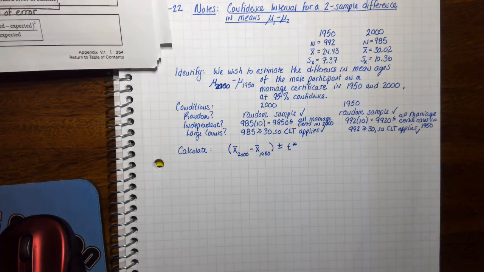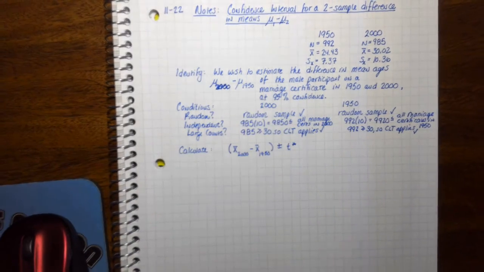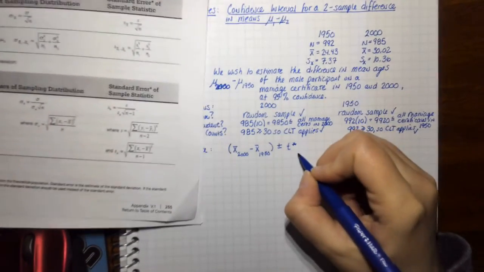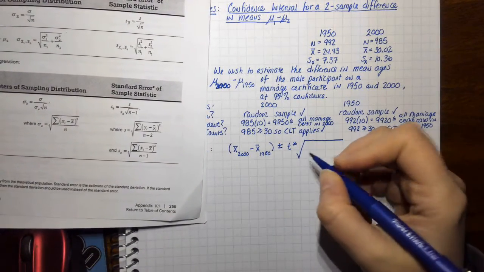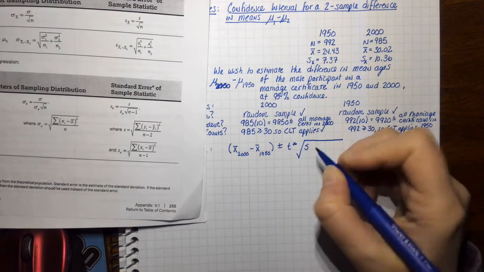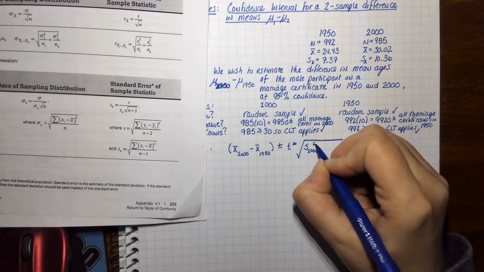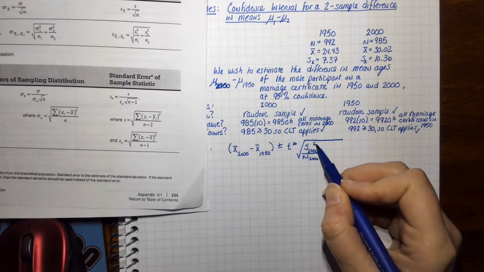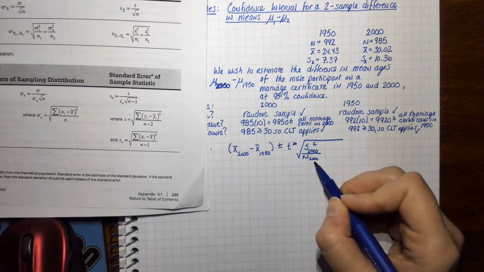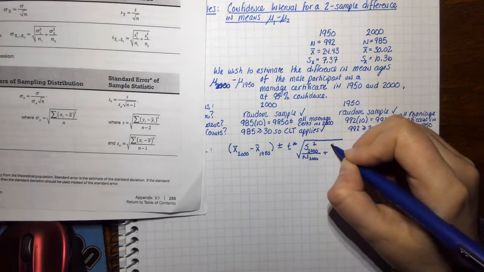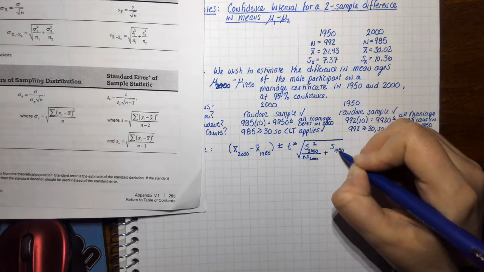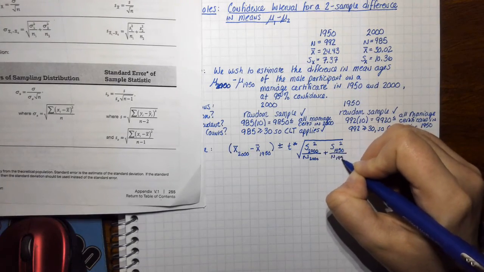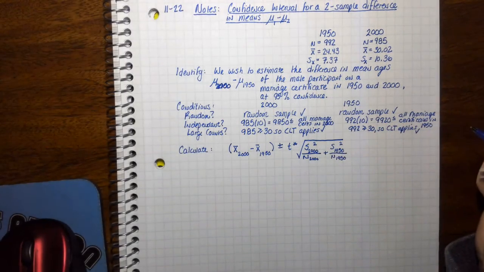Okay, and then the standard deviation of the statistic, standard error, is the same one we used in the previous lesson. So sample standard deviation of 2000 squared over sample size in 2000 plus sample standard deviation in 1950 squared over the sample size in 1950.